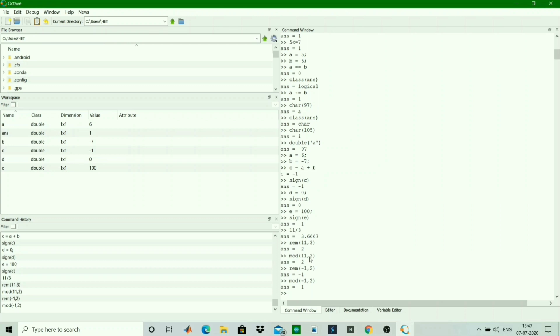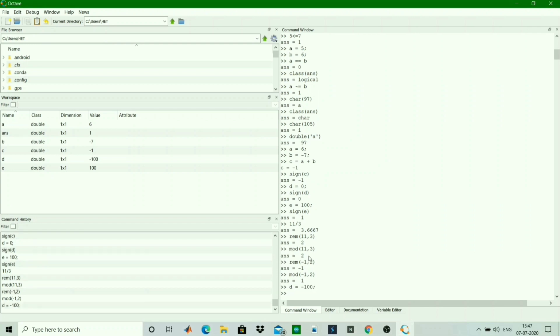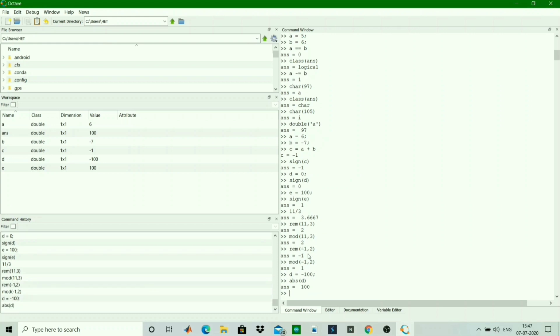Then there might be a case where you would need to know the magnitude of a number, and the number could be d equal to -100, but as we know, a magnitude is always a positive number or a non-negative number. So abs is an inbuilt MATLAB function that would turn all the input into a positive number or a non-negative number.